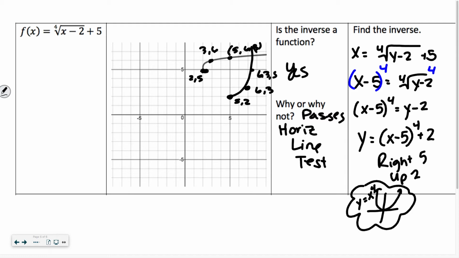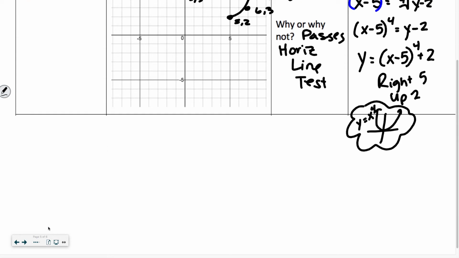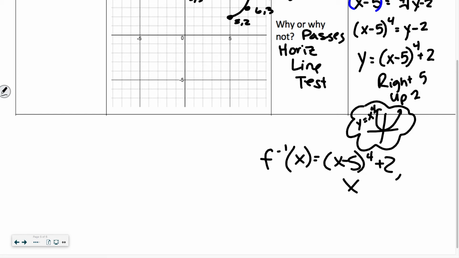So the even root is only giving me the right side because this one was increasing. It's only giving me the right side of the x to the fourth function. So I would have to, in my answer, restrict my domain. I could say f inverse of x is equal to x minus 5 to the fourth plus 2 for all x's that are greater than or equal to, because our original graph was increasing, the h value, 5.